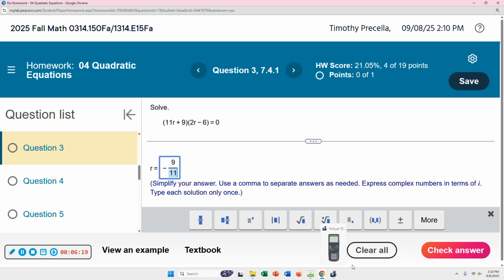And notice they say to separate the solutions with a comma, but do not put the comma in the denominator. As I warned you, occasionally they'll forgive you and accept that comma in the denominator, but under most instances, they count it wrong. So do your right arrow, then put your comma, and what was the other one, 3?